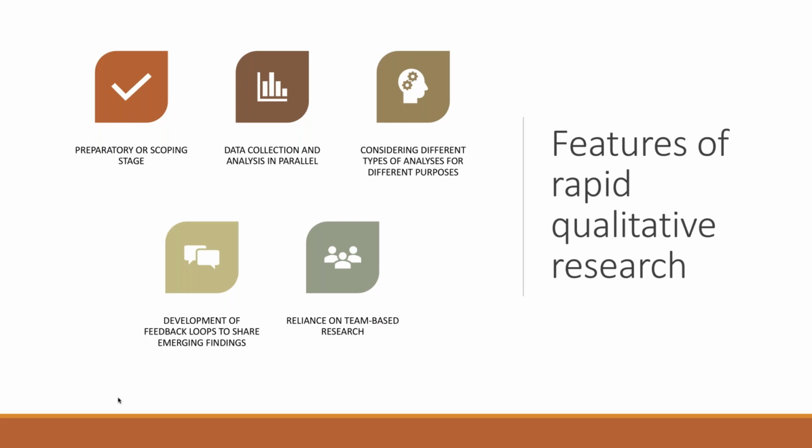But then you might also think about additional layers of analysis you might want to add to the study, where you're doing a bit more in-depth work, where you're going back to your raw data in a different way, where you're engaging with theory and you're bringing in different types of angles into the study. So within a rapid qualitative research design, you can do all of these different layers as long as, of course, you've organized it within your study time frame.